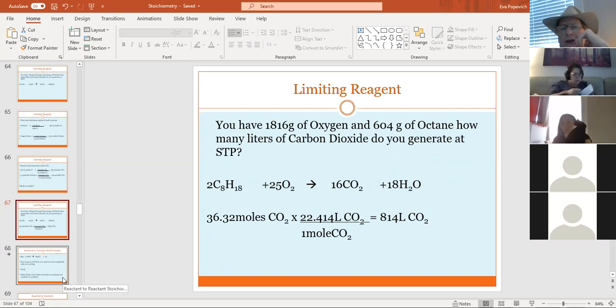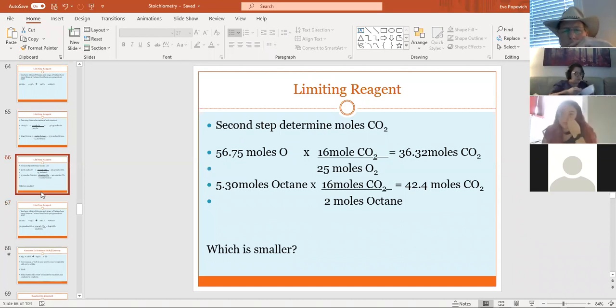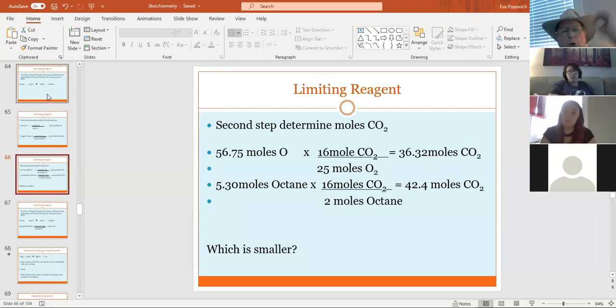For the most part, guys, this has been a little bit of review for what we did on Tuesday. Is everybody on solid ground? Anybody have questions about anything? Yes, if you go back a slide, where did you get the 2 moles octane? Look at the balanced chemical equation.